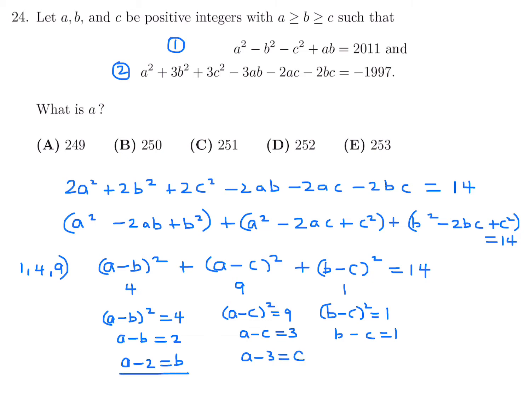So now we've got B in terms of A, C in terms of A. We can substitute those back into here and solve. So let's do that. Let's just do it up here. I think I can squeeze it in. We're going to put those findings into that equation. So we have A squared minus B squared, which is A minus 2 from here.